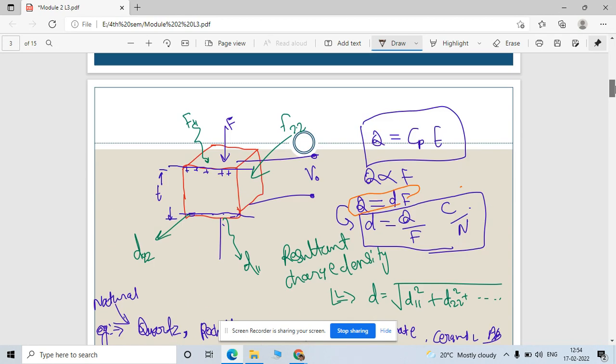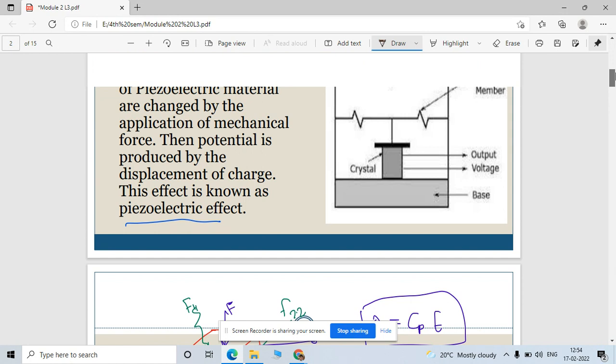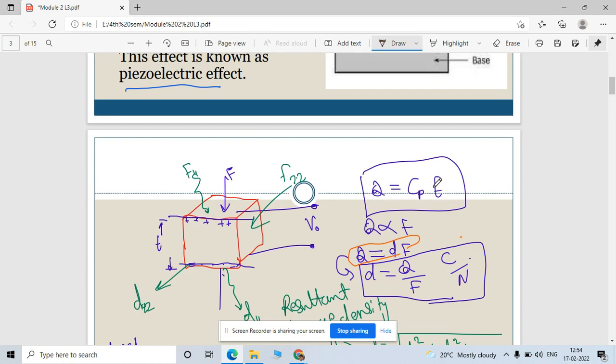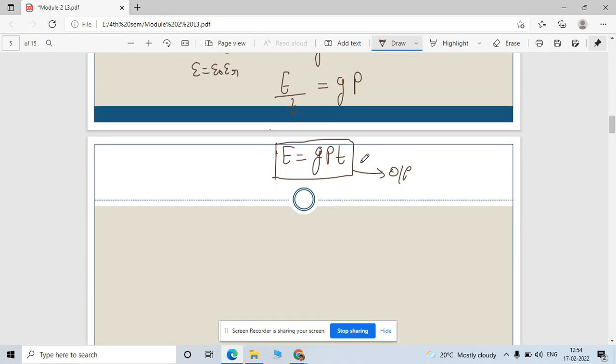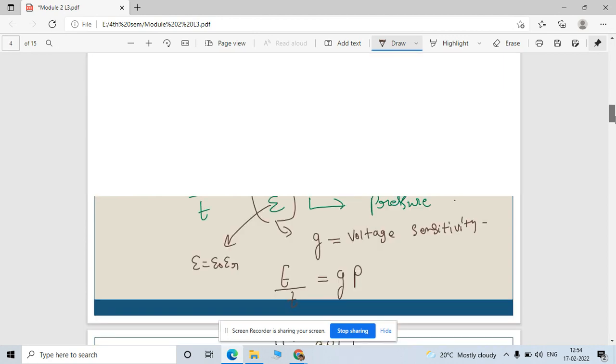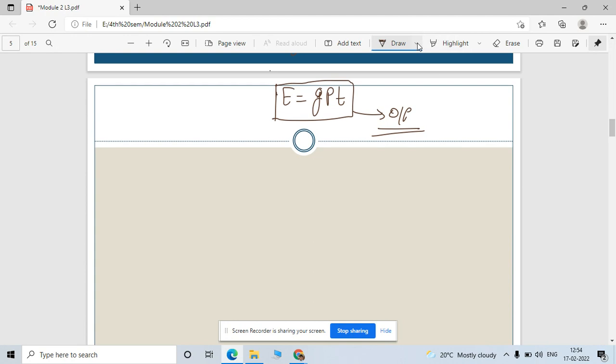I just changed the notation here to E; earlier I took E as V naught, so you can also put E naught here. These are some of the basic equations for the piezoelectric transducer, depending on this G parameter. In most questions, this parameter is not directly given to you, so you need to identify it by its SI unit.